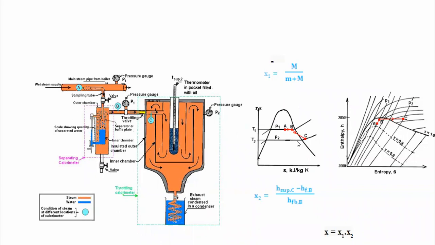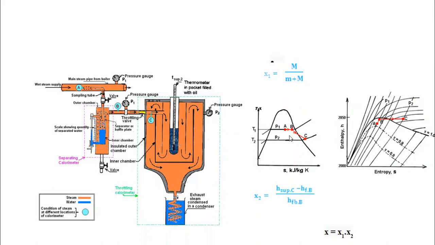And if it had remained wet, then equating enthalpy before throttling and enthalpy after throttling, there would have been two unknowns. Enthalpy before throttling would be hf plus x at A times hfg, and hf plus x at C dash times hfg. It means that there would have been two unknowns, x at A and x at C dash, and we would not have been able to solve the equation, because one equation and two unknowns is a mathematical impossibility.